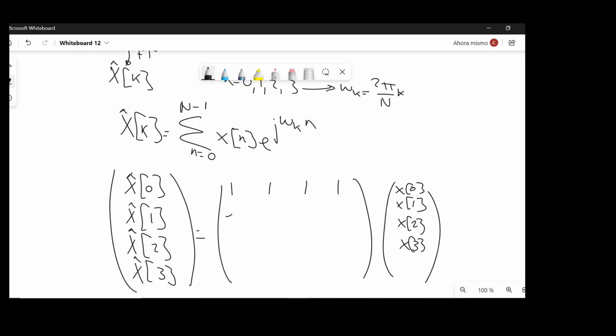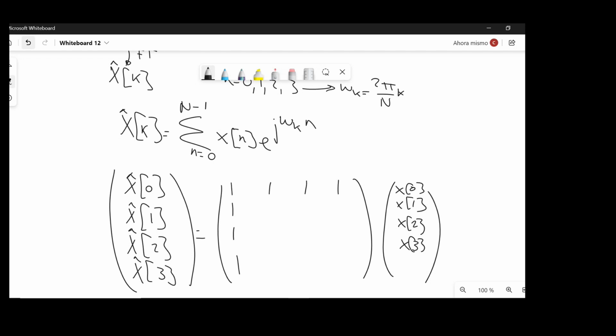The next one is the exponential of minus j, there is a mistake here, there is a minus. So it is the product of 2 pi over N times k times n. But for this column, n is 0, so all of these are 1.